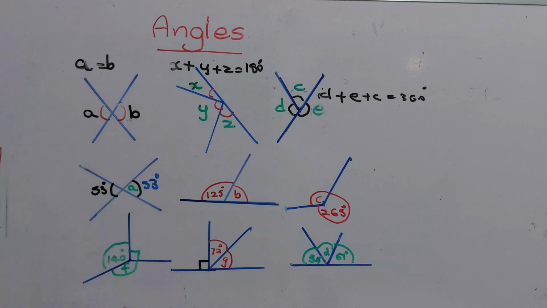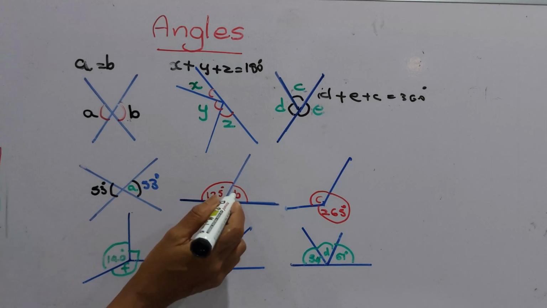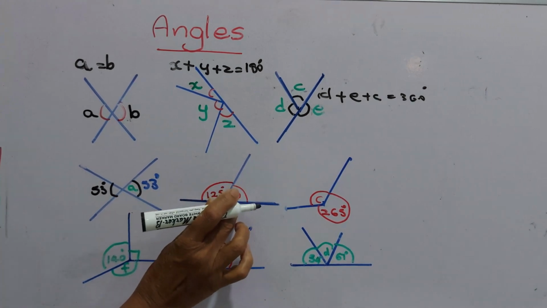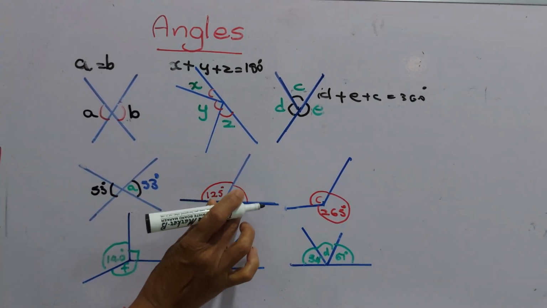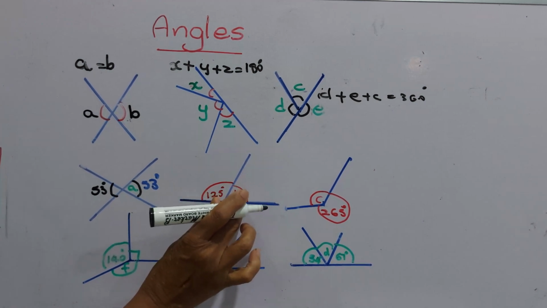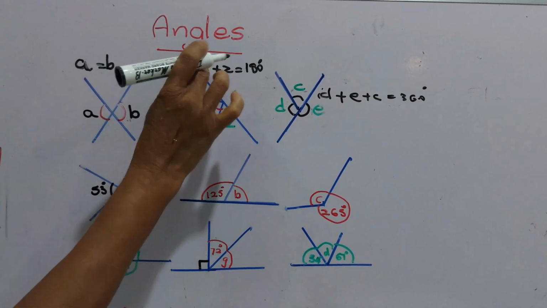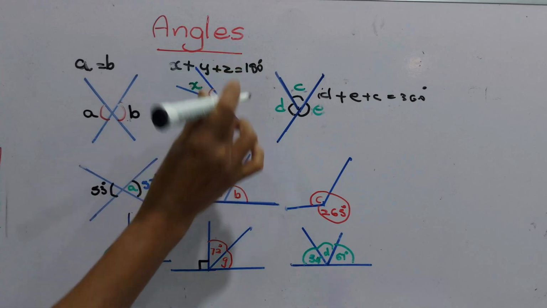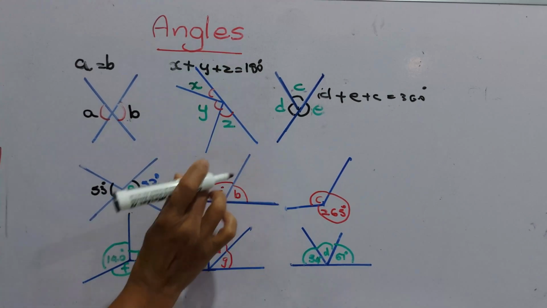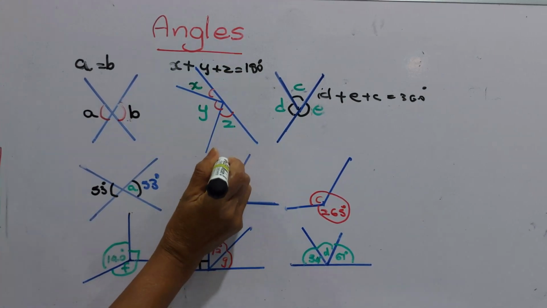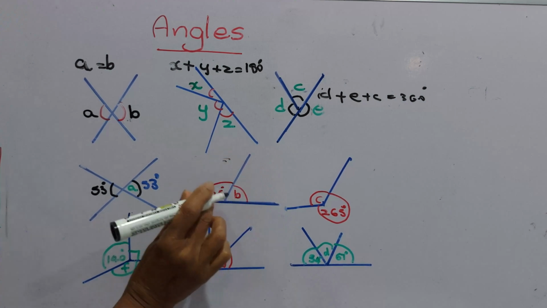Now here, in this figure, the unknown angle is B. We are going to calculate the value of angle B. Now we know straight angles. In a straight angle, the total equals 180. We already know this angle is 125.